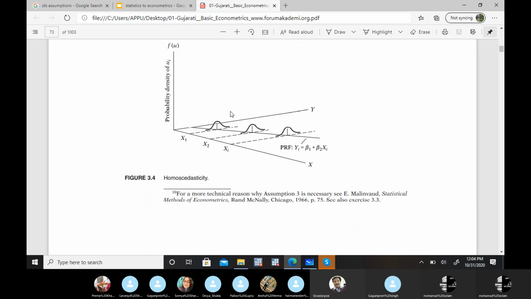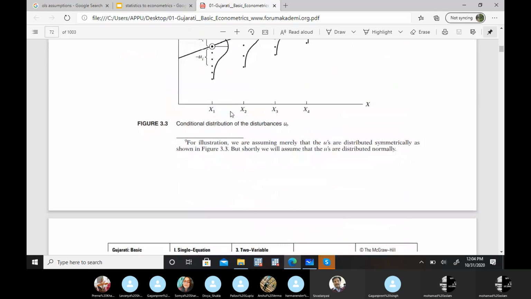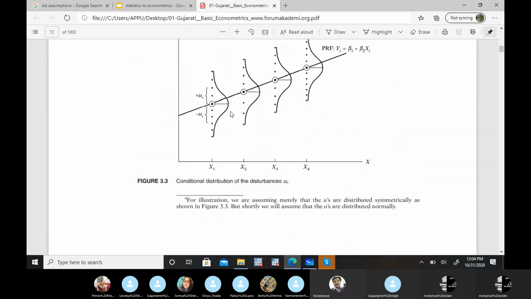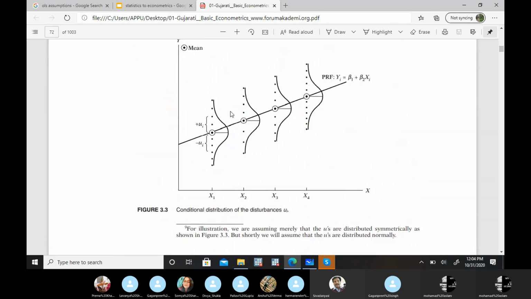This diagram is much better than that one. Not only is the average of the residual term zero, but throughout the regression line, its variation is also more or less constant.